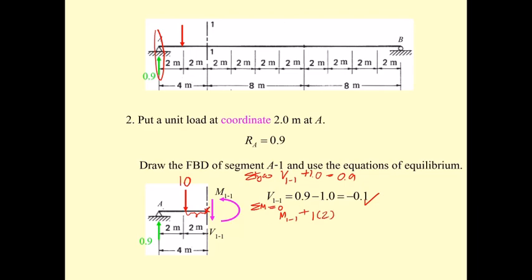And the 0.9 is going to rotate in the opposite direction, so you get 0.9 times 4. Okay, and then you get M1-1 equal to 0.9 times 4 minus 1 times 2. You get this, which is 1.6.